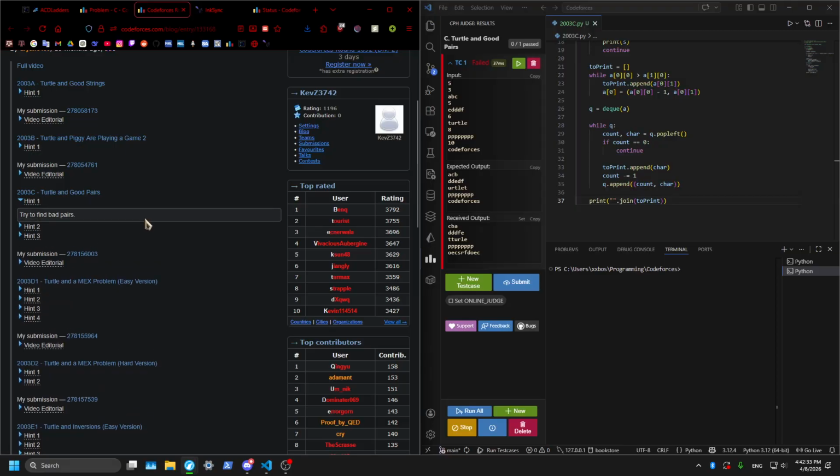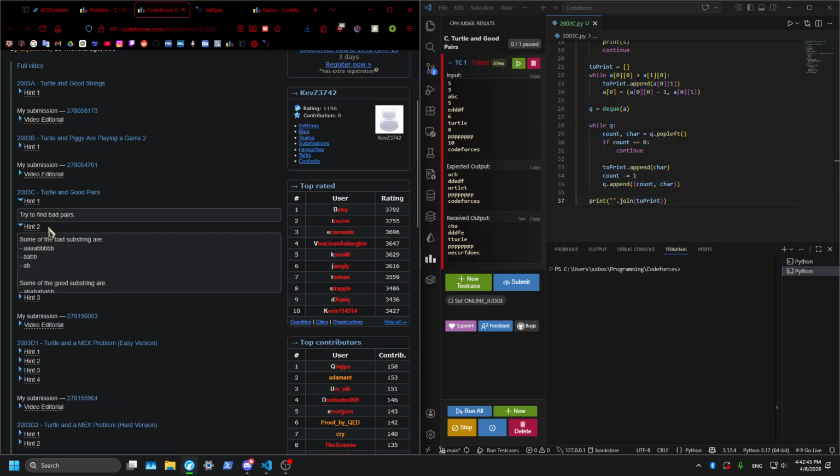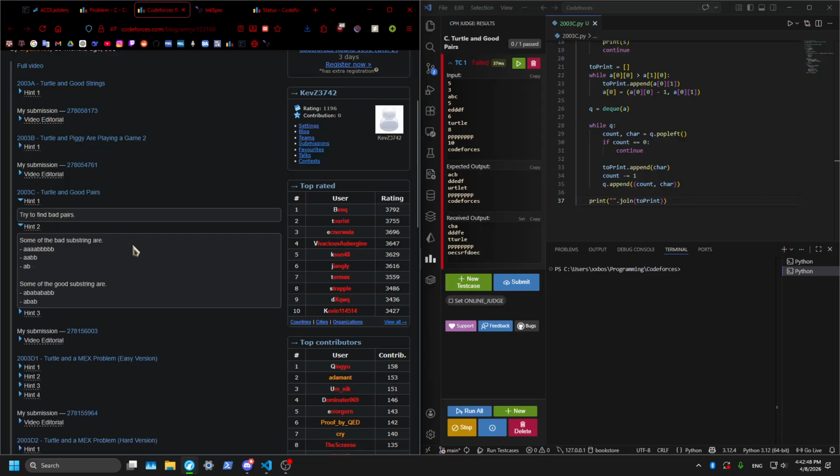Try to find bad pairs. Adjacent pairs, right? That's what he's talking about. Some of the bad substrings are AB, yes, AA, BB.